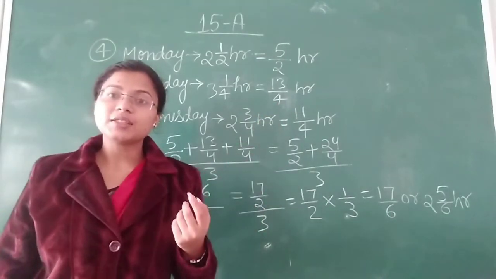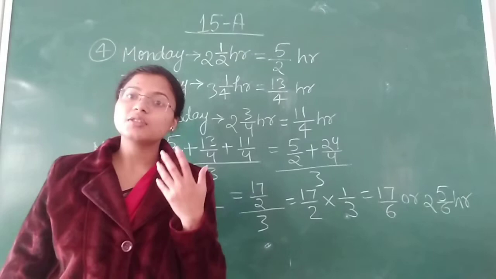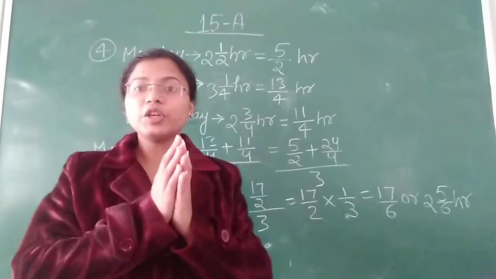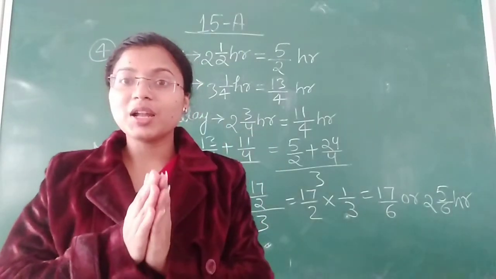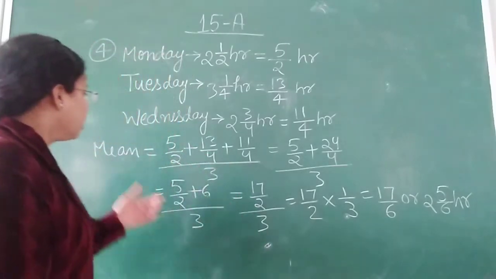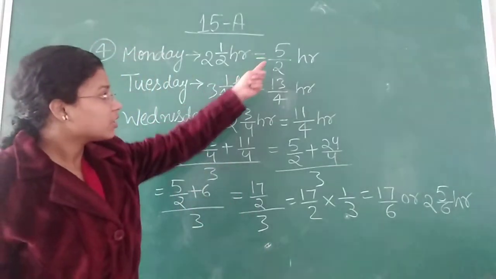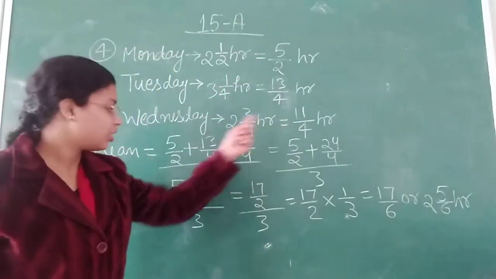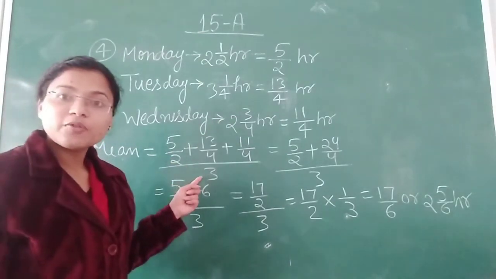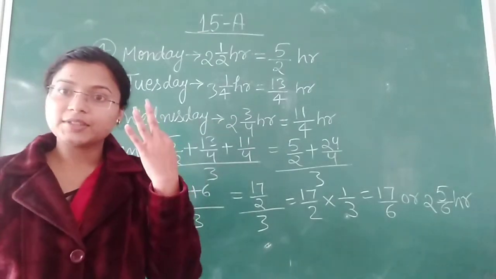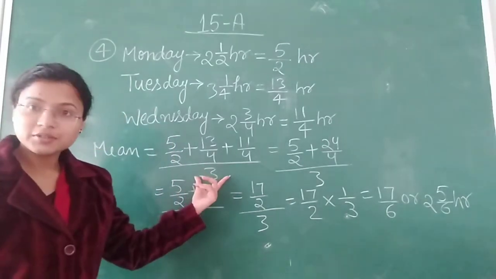Now it is asking you to find out the mean. So just the same procedure: sum of the observations upon the total number of observations. So mean will be the sum of the observations upon the total number of observations, means 3 days you are having, so upon 3.